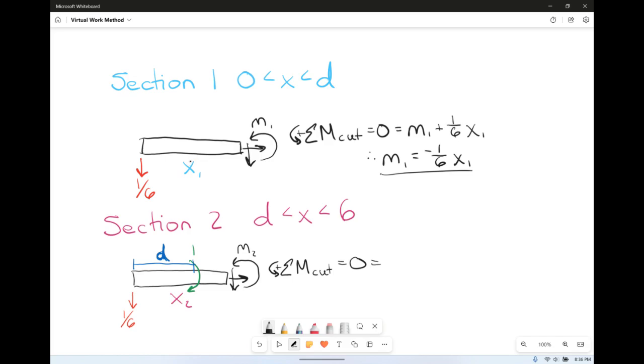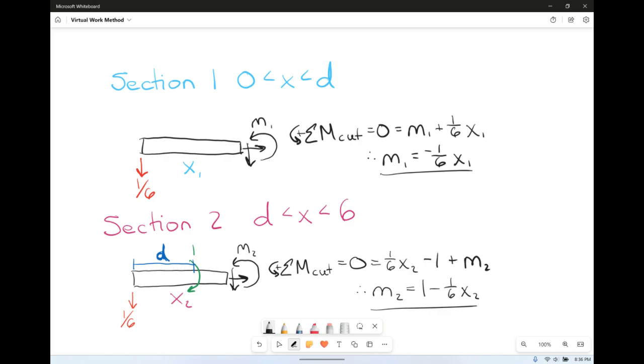Again, we're going to go from left to right. We've got our 1/6 times x2 for our AY. We have -1 for that point moment, and then we have plus M2. So M2 is equal to 1 minus 1/6 x2. Really not a bad equation.